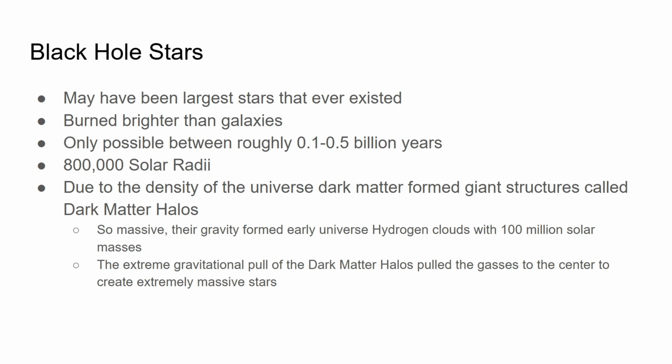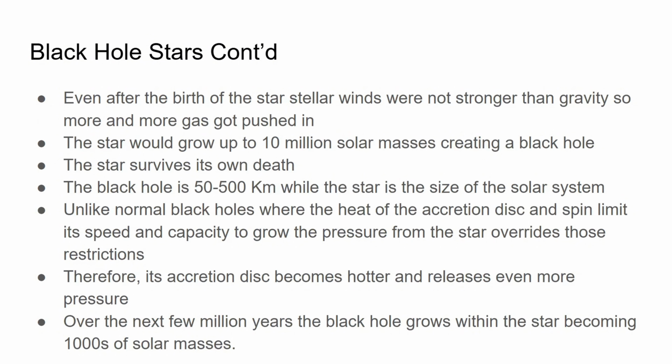So we've gone over star formation and how gases, hydrogen, will pull together and create a star. But then, due to the solar ejection, it will push the rest of the gases away. Well, the mass of these stars was so insane. They had hydrogen clouds of 100 million solar masses, and these would pull together to create extremely, unquantifiably massive stars.